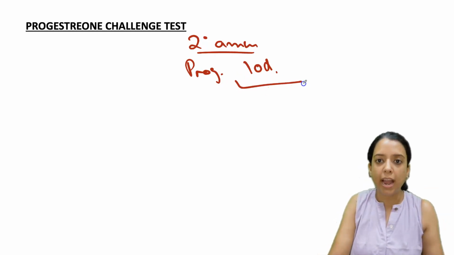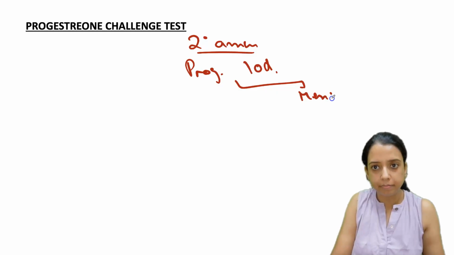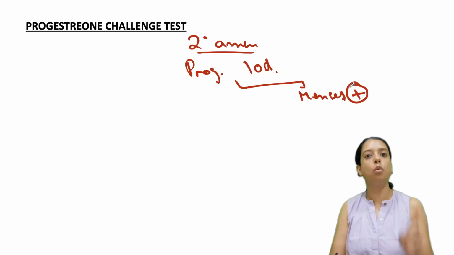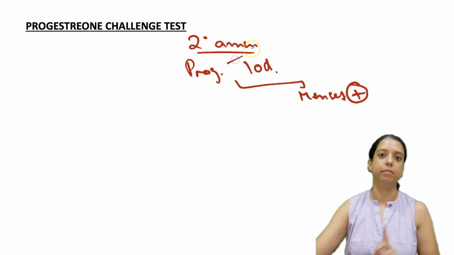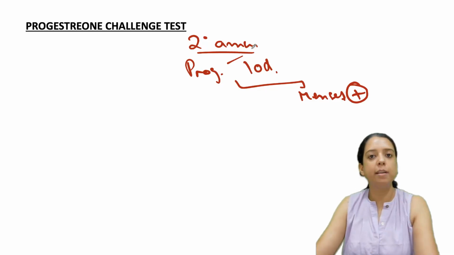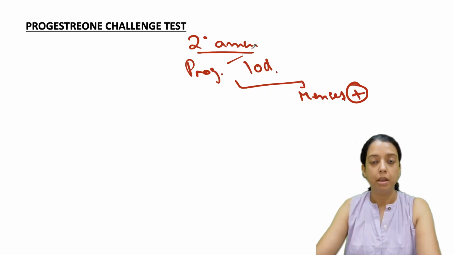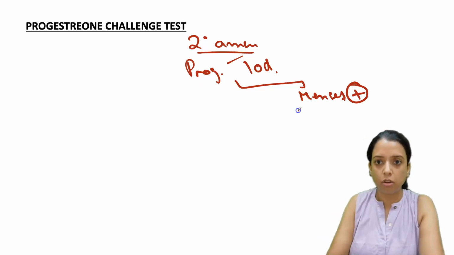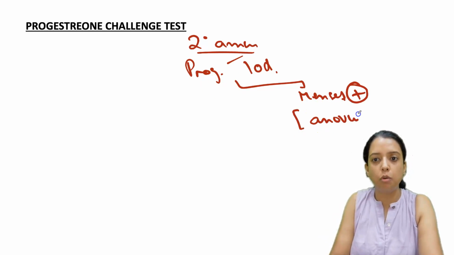Withdrawing the progesterone should ideally cause menses. If menses come, it means the patient was lacking progesterone. Progesterone forms only after ovulation. So it is a case of anovulation. It will be PCOS.